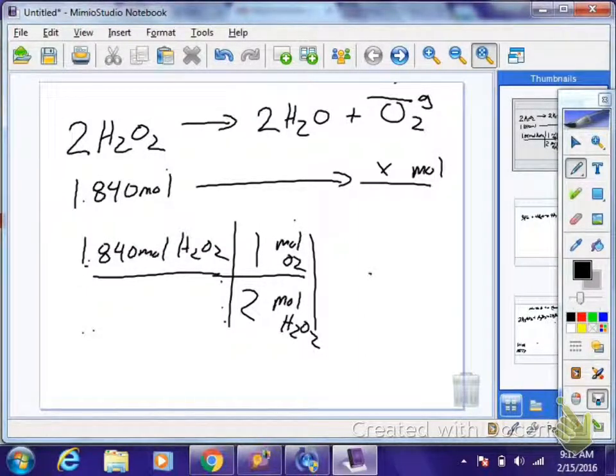So if we know moles of O2, we can go to grams of O2. So in our next setup, we'll continue the process. Our moles of O2 would go down here, and then our grams of O2 would be above. So we can make that relationship.